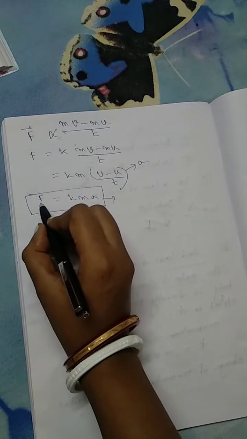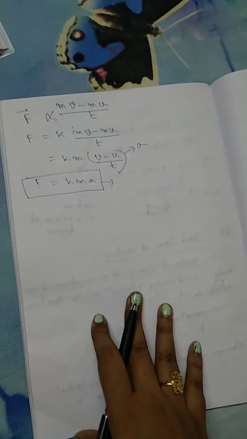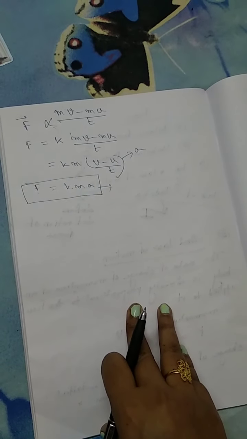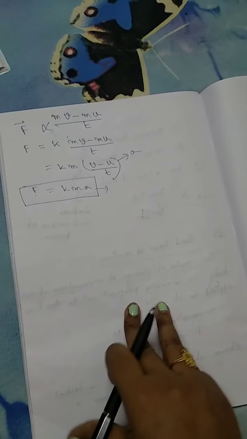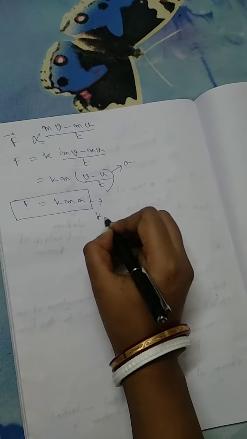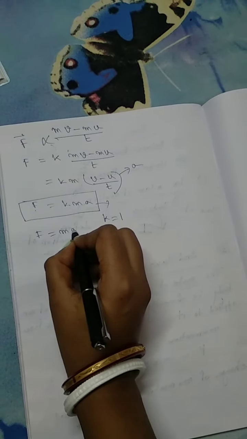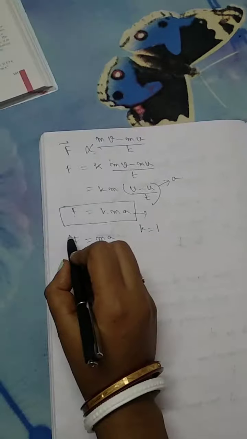Now force is also a vector quantity. As force has a direction, when I am applying a force on anything, it has a direction. Now as you know, k is equal to 1, so F is equal to ma. Now from this, you can find the unit of force.